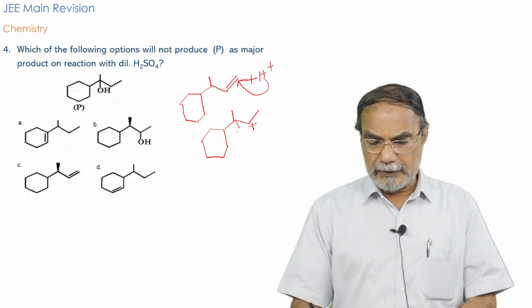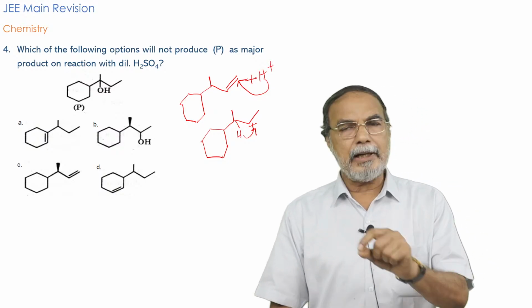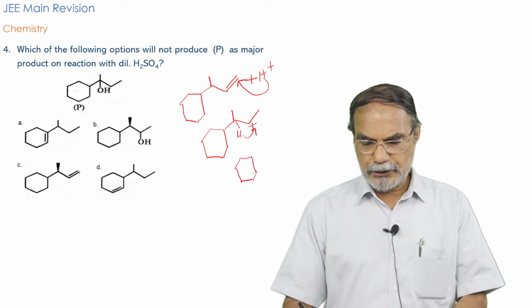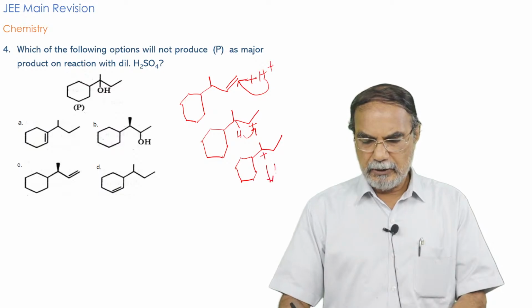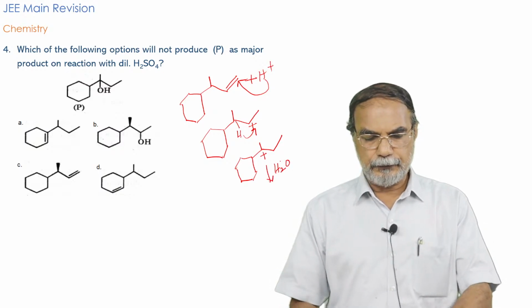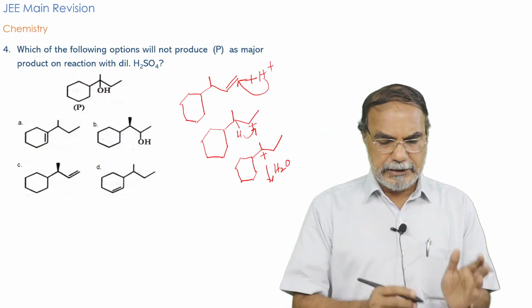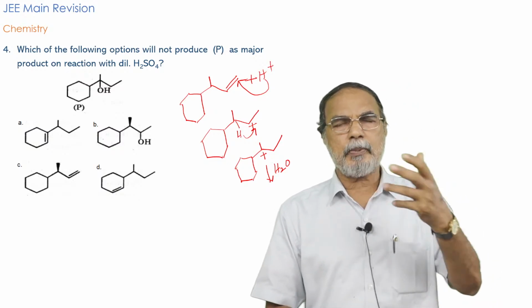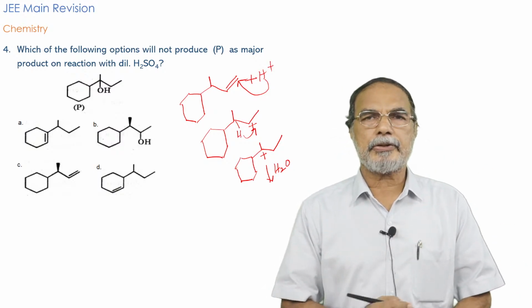And as in the previous case, the hydrogen can migrate to this positive charge, a 1,2 hydride shift, to give a carbocation which is more stable, and this on reaction with water can give P as the product. So the interesting thing is that A, B and C, even though they are different compounds, because of this unique property of rearrangement of the intermediate carbocation, all of them will give P as the product in this reaction.